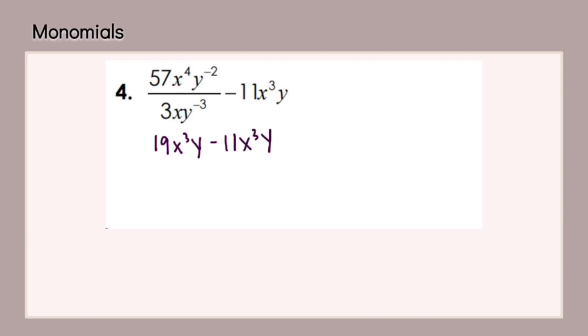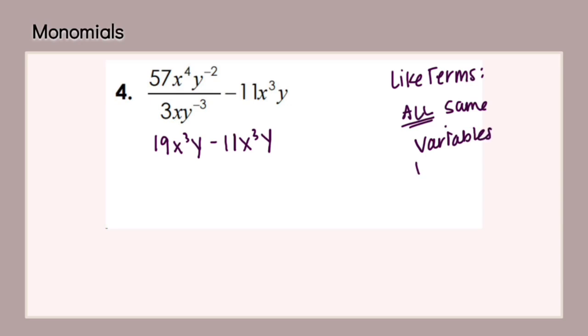Now, in order to add or subtract terms, they have to be like terms. So like terms have to have all the same variables with all the same exponents. Sorry, that's so sloppy.